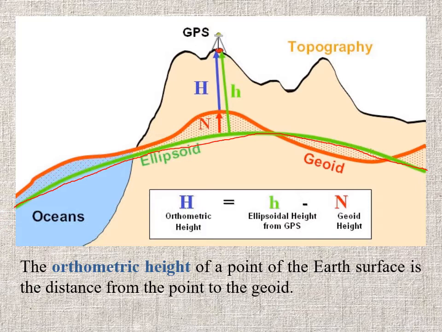Now, due to these different elevations at different places of the earth, sometimes it becomes very difficult to do any mathematical calculations, and particularly when it is required to determine any height, altitude, or depth with respect to some reference plane, that reference plane basically does not exist.